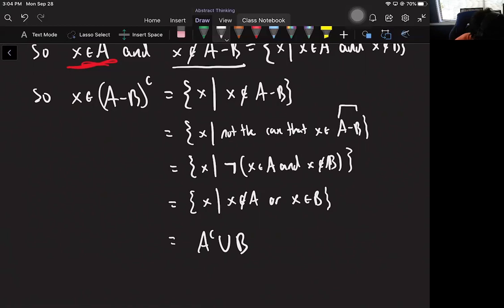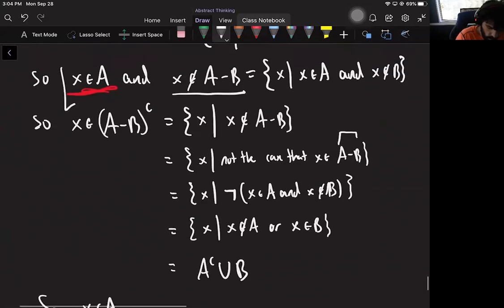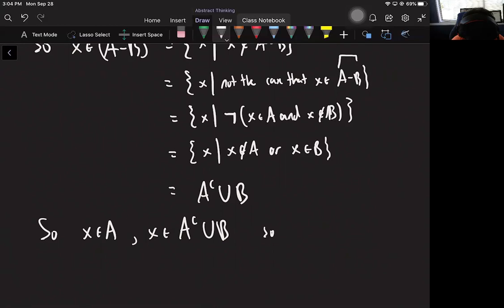So what do we know? We know that X is in A from way up here. We know that X is in A complement union B. That's a bit weird.